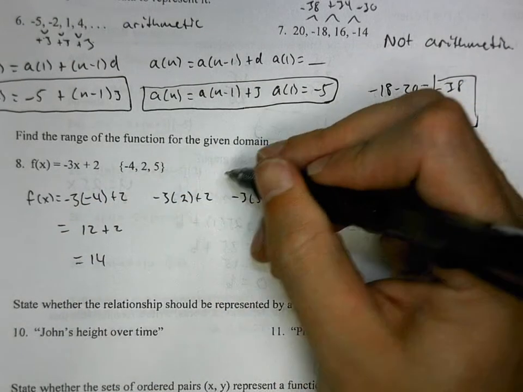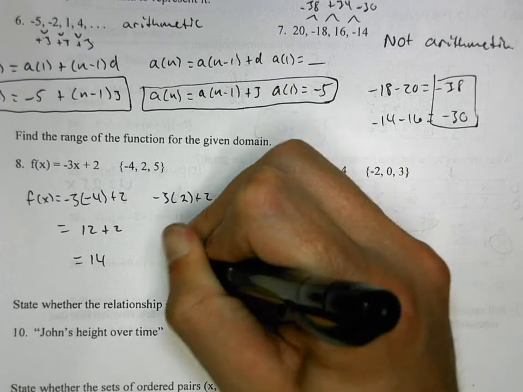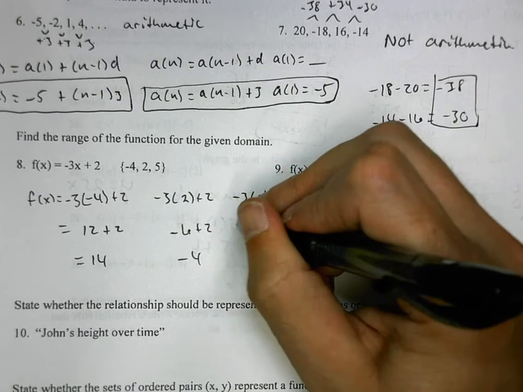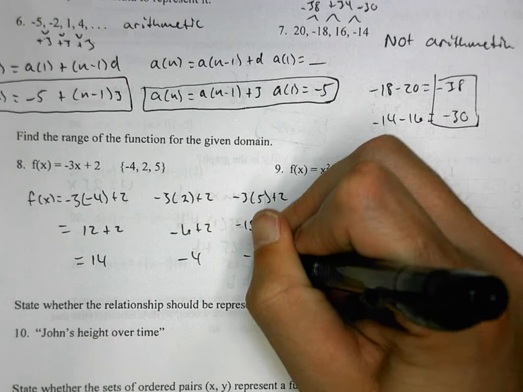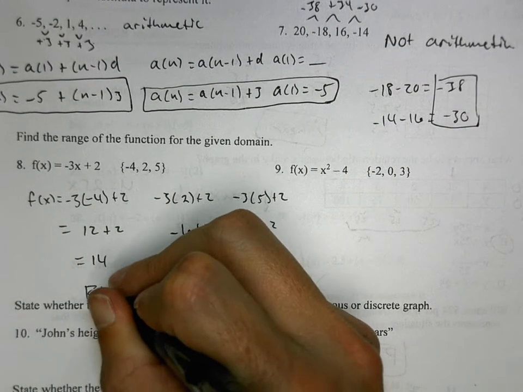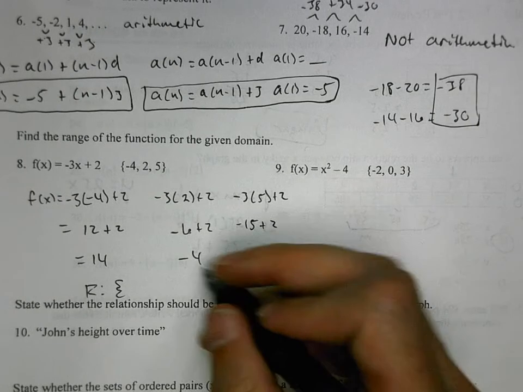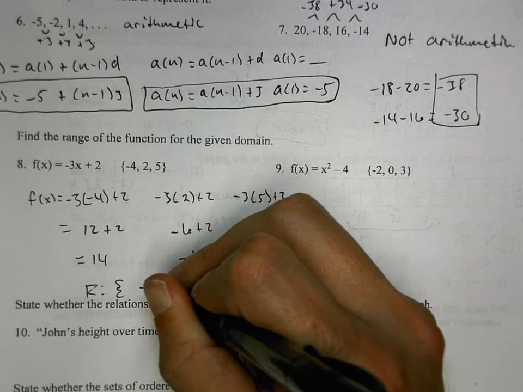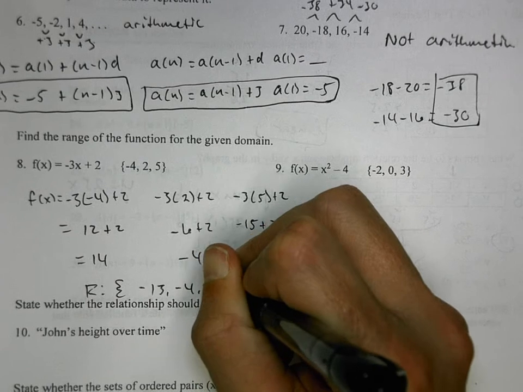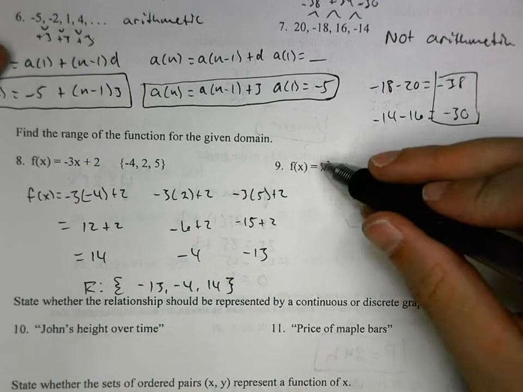Negative 3 times 2 is negative 6, plus 2 is negative 4. Negative 3 times 5 is negative 15, plus 2 is negative 13. So our range, remember when you list the range, you have curly brackets, and you list them from smallest to greatest, so negative 13, negative 4, 14. That's our range.